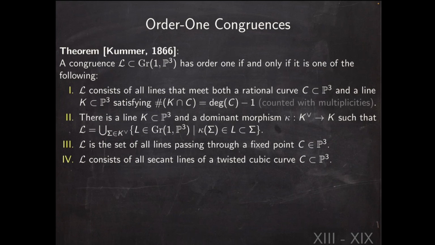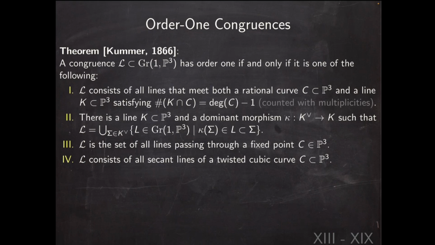Then the second thing is a little bit difficult to wrap your head around when you see it for the first time. But the second type that Kummer classified was: there is a line K, and then you have a dominant morphism from the planes that contain K onto the points of K, such that your congruence is a union of pencils.